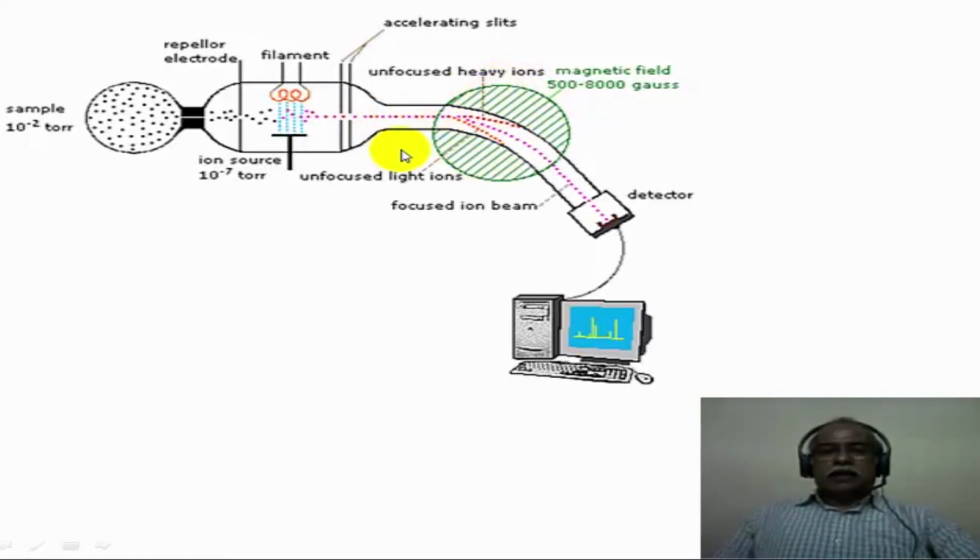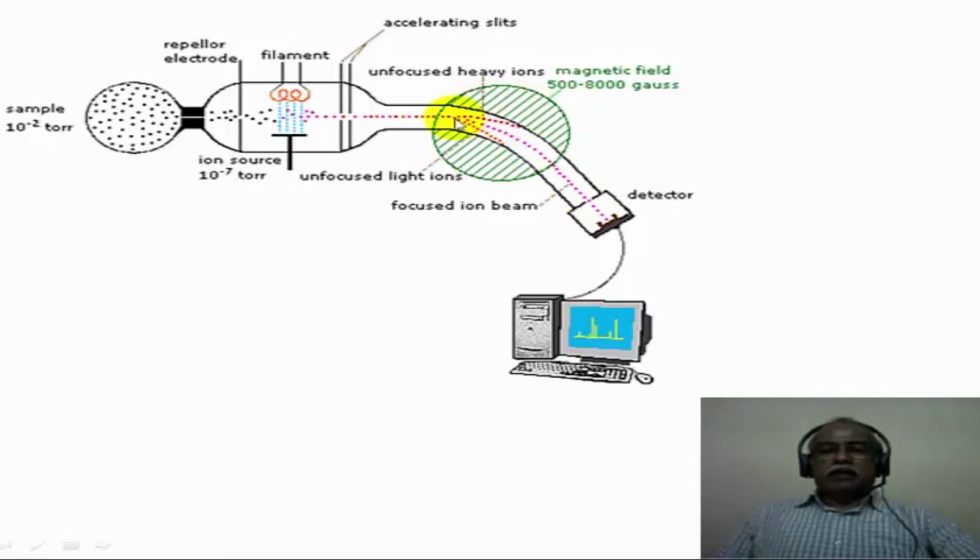The magnetic sector analyzer essentially is a bent tube, and in it the ions take a curvature in terms of their trajectory, and those ions which have the curvature matched with the curvature of this analyzer tube essentially reach the detector.